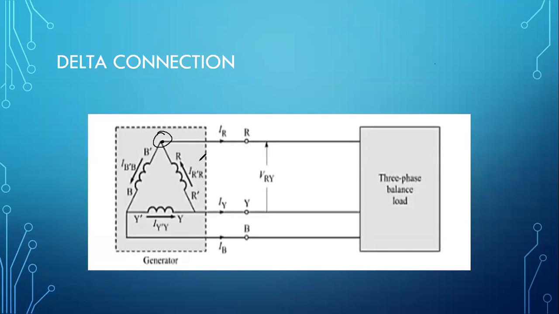So we can say there is some relationship between phase current and line current, but it is not equal as it was in the case of star connection. So let's see. Now this is a three phase balanced load, which can again be a star or a delta. You have to remember this.